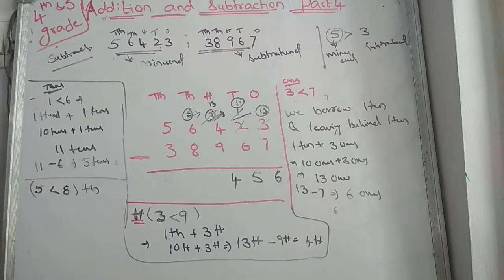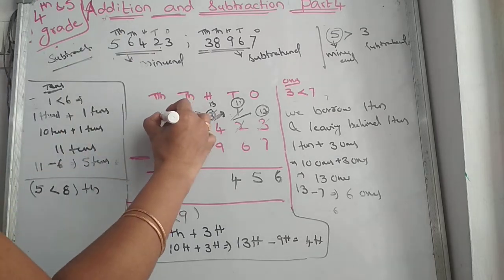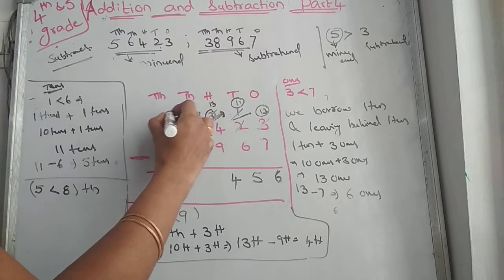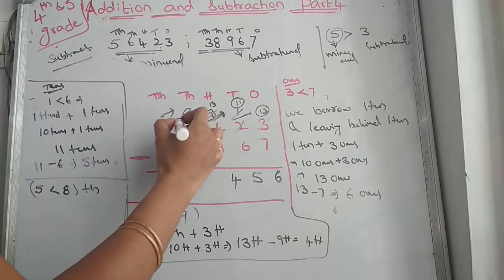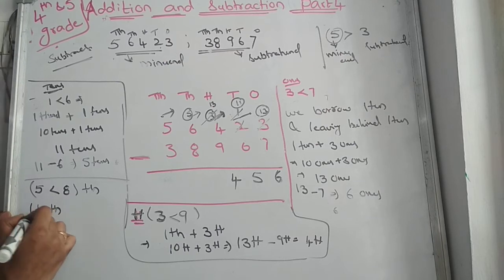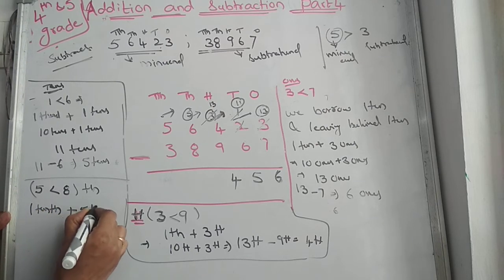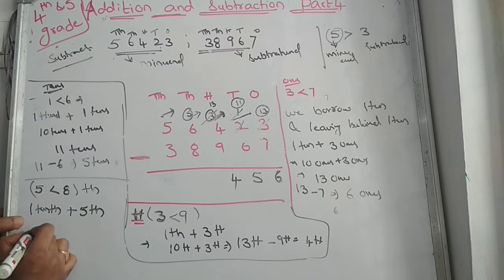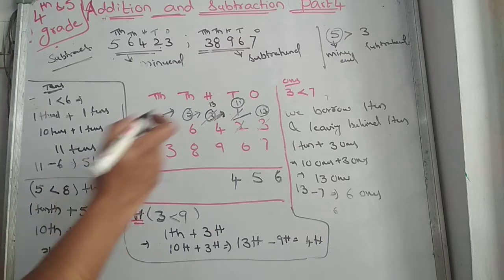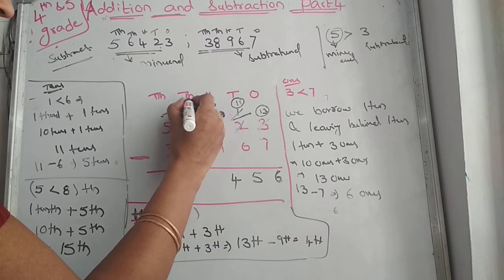So again we borrow 10,000 to here. 10,000 plus 5,000, so the total is 15,000. The number comes to 15 here.